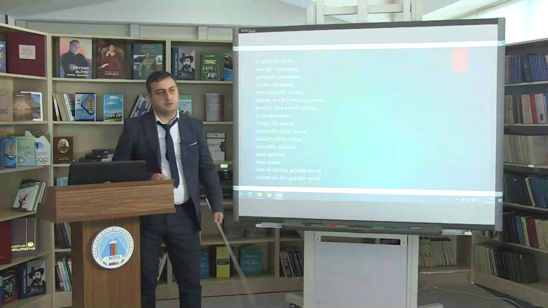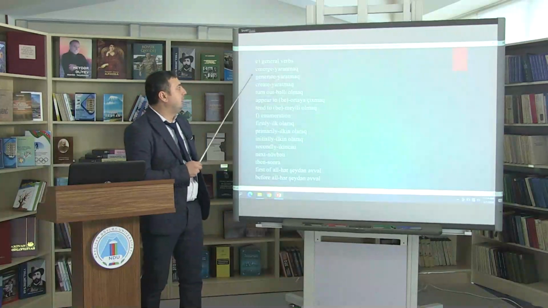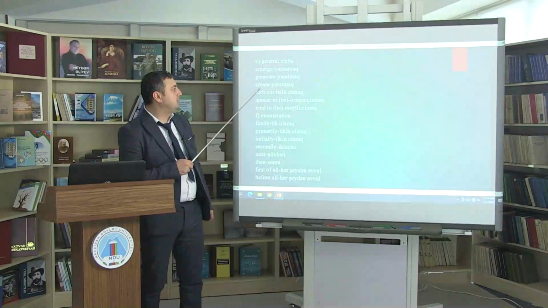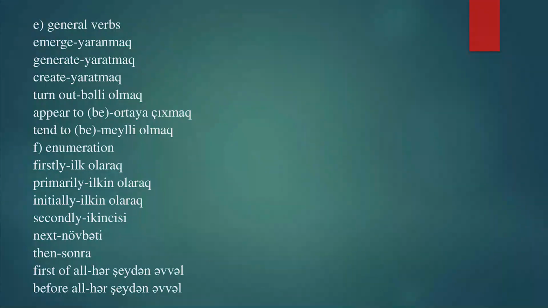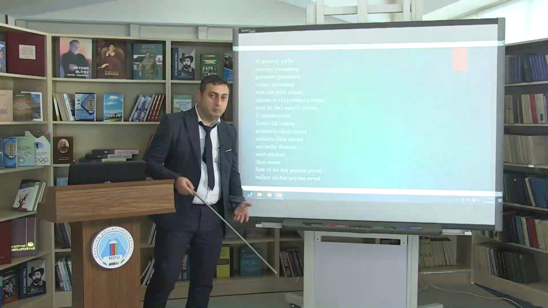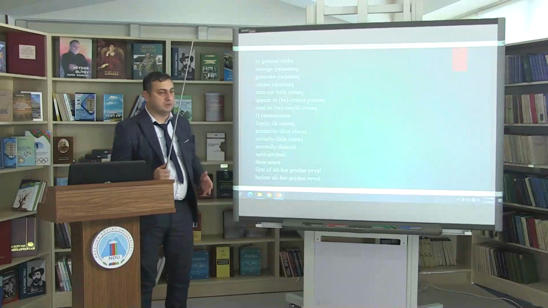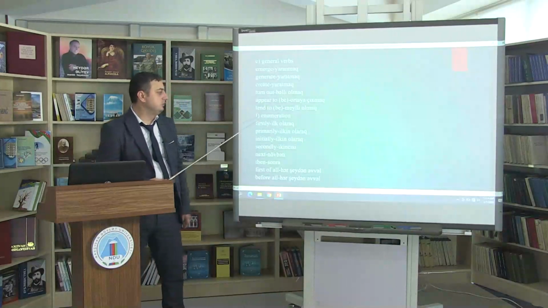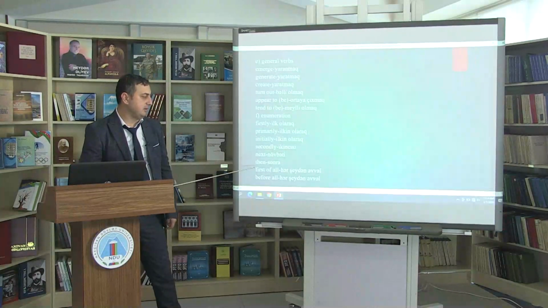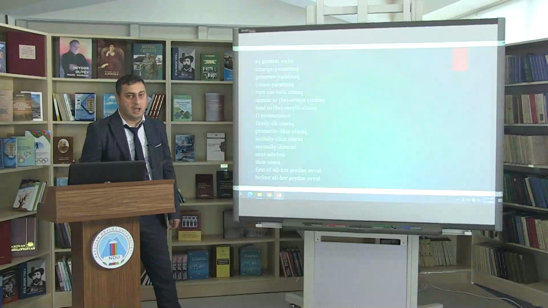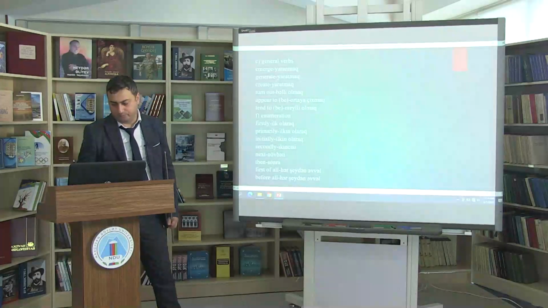Then general verbs used in writing task 1 are emerge, generate, or create, turn out, appear to, tend to. When you enumerate something, or for example some details, we should use firstly, primarily, initially, secondly, next, then, first of all, and we can also use this in writing task 2.